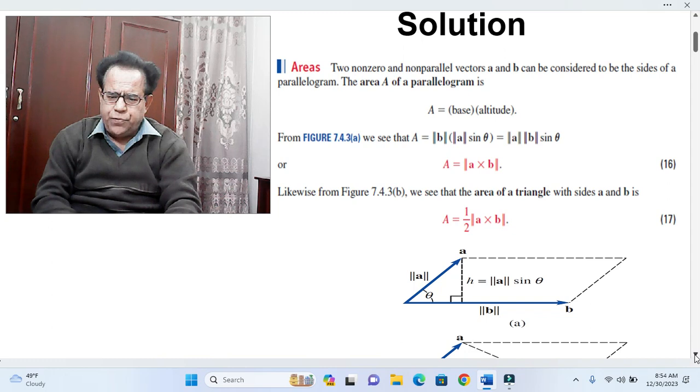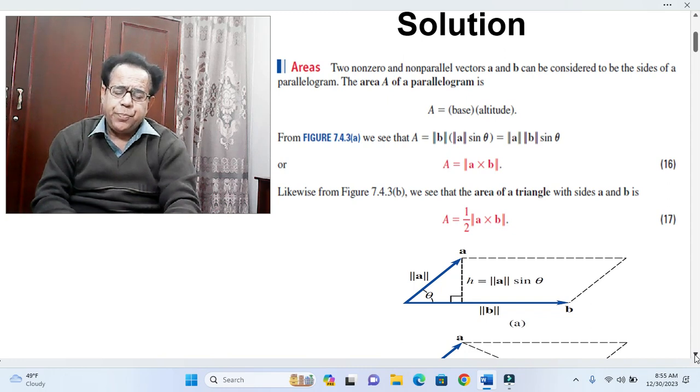Alternatively, area A is equal to the magnitude of the cross product of A and B. Likewise, the area of a triangle with sides A and B is half of the magnitude of the cross product of A and B.